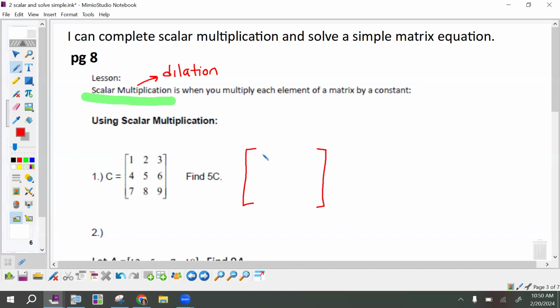So 1 times 5, 2 times 5, 3 times 5, 4 times 5, and so on. And here is our matrix 5C with that scalar of 5.